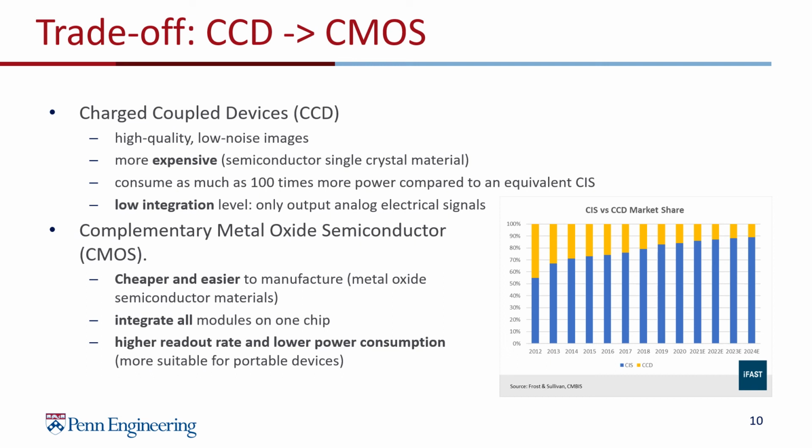It now is a mainstream image sensor. Like in this diagram, CMOS accounts for nearly 85% of image sensors in the market. In 2024, it will probably reach 90%.